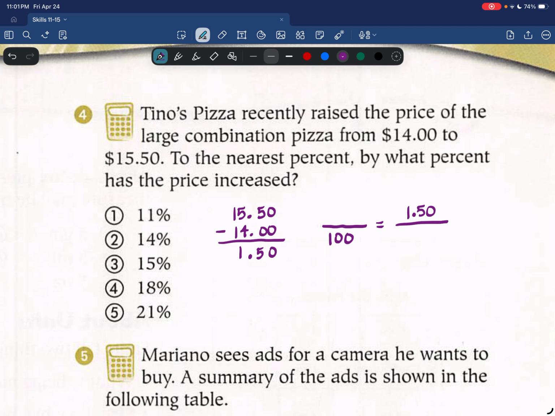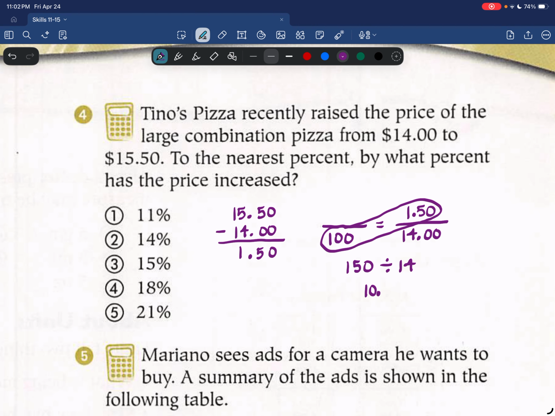And the original was $14. So I'm going to multiply 100 times 150. If you can do it in your head, that's fine. And you are going to divide that by the 14, or by 14.00.